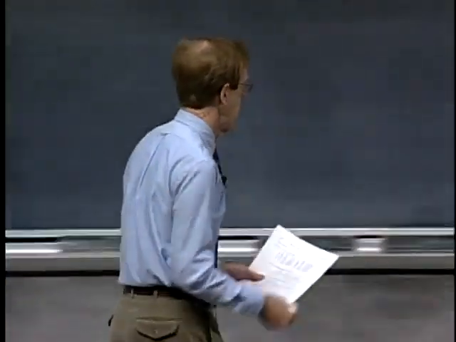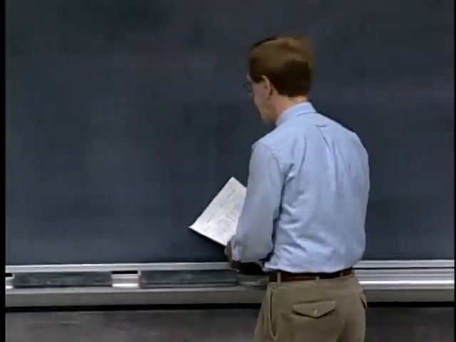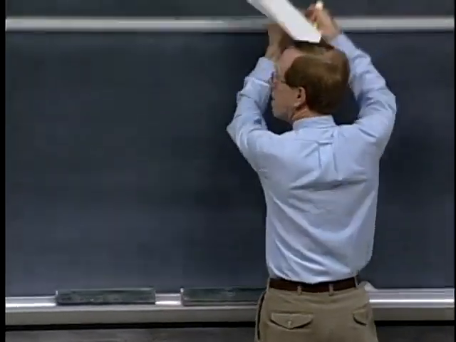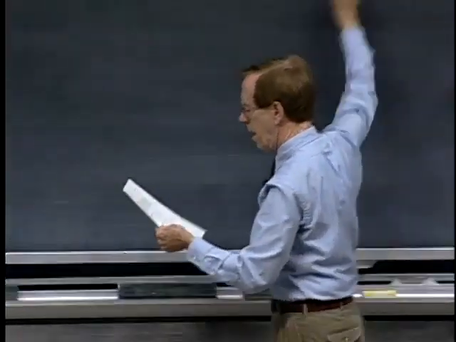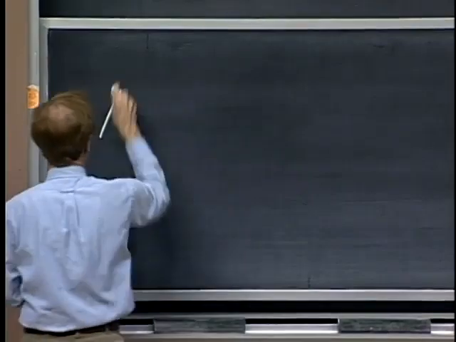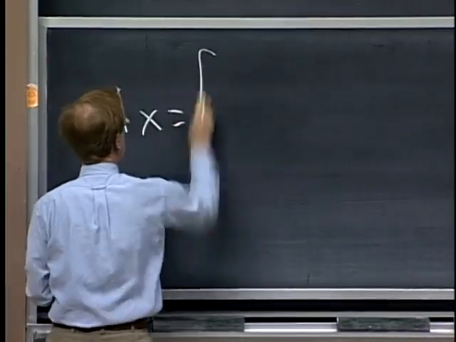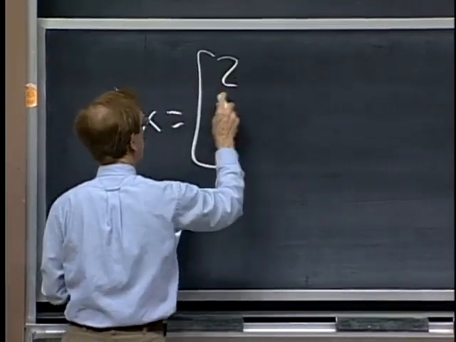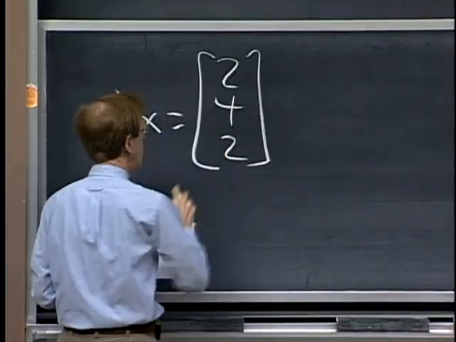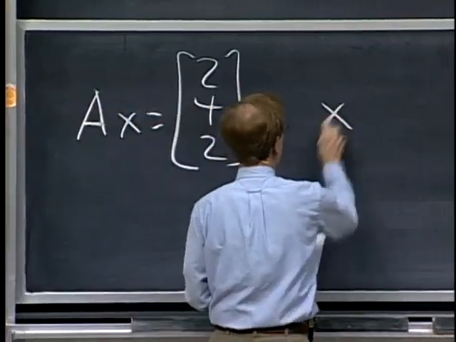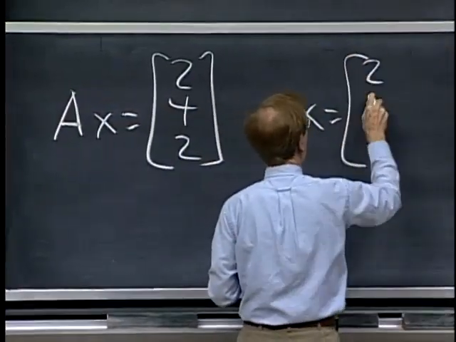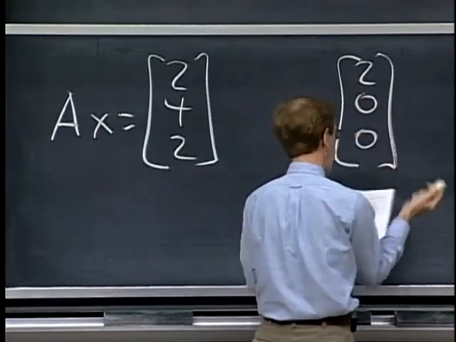Okay. Here's another type of question. I give you an equation, AX equals 2, 4, 2. And I give you the complete solution. But I don't give you the matrix.